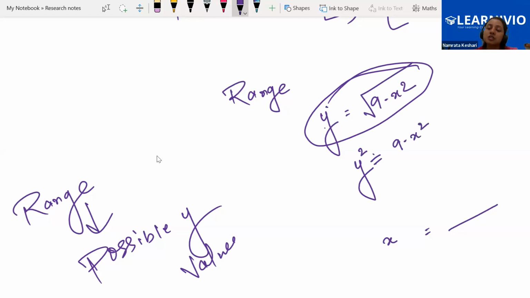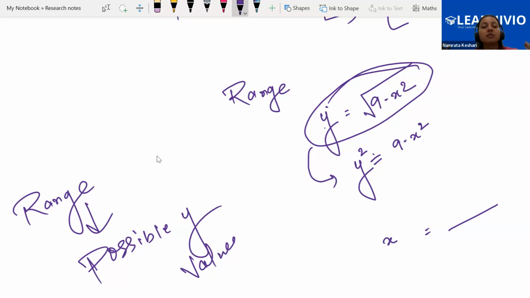If we change the representation of this equation, are we allowed to do squaring? Yes, we are allowed. If you have an equation and you add the same number on both sides, allowed. If you subtract the same number on both sides, allowed. If you do squaring on both sides, allowed. If you do cubing on both sides, allowed.